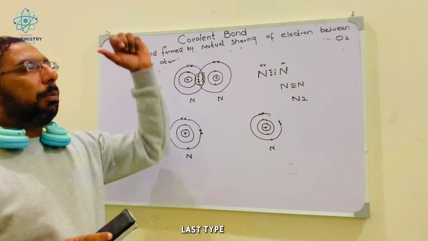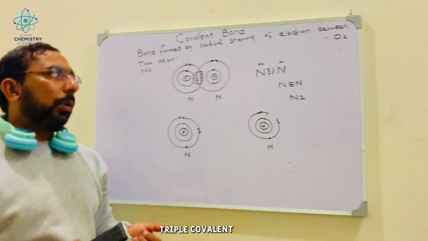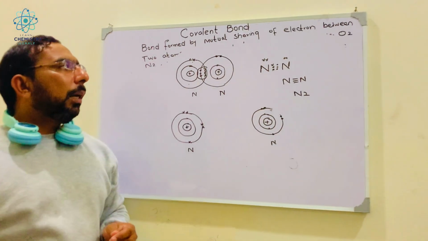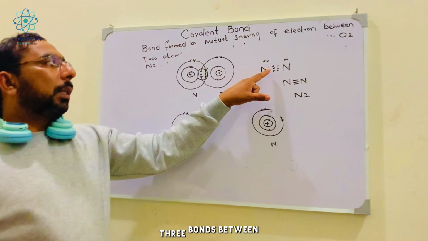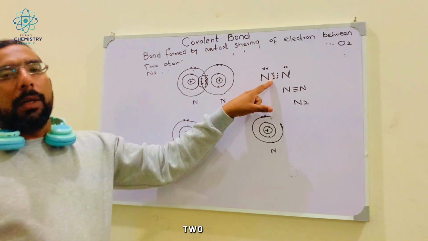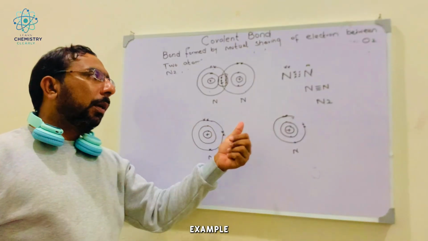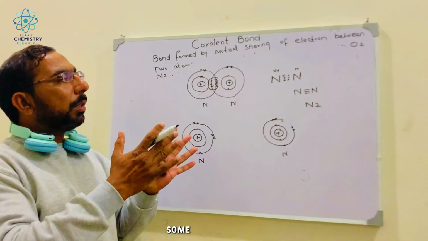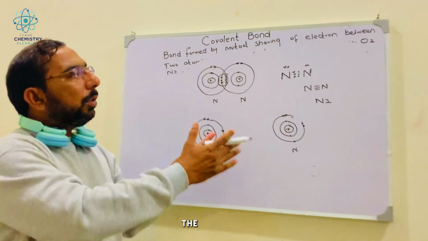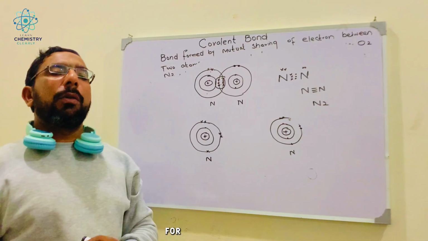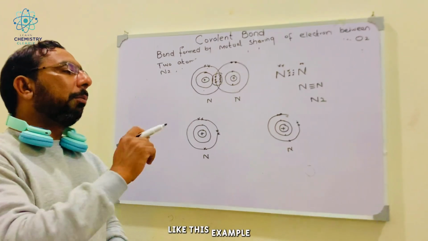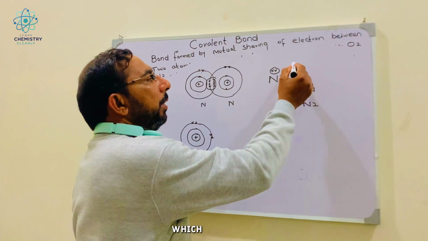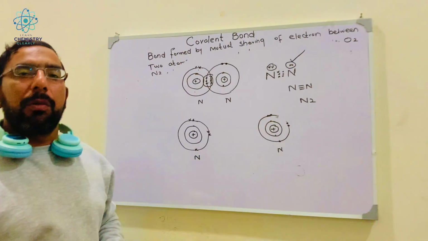This is the last type of covalent bond which is called triple covalent bond, and in this bond each atom provides 3 electrons and there are 3 bond pairs between 2 bonded atoms. And in different examples, dear students, we have seen here that some electrons in the molecule cannot participate in bond formation. Like this example, 2 electrons are present on each nitrogen atom which have not participated in bond formation.